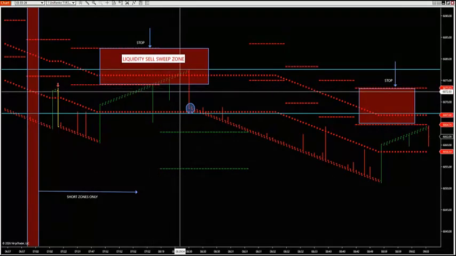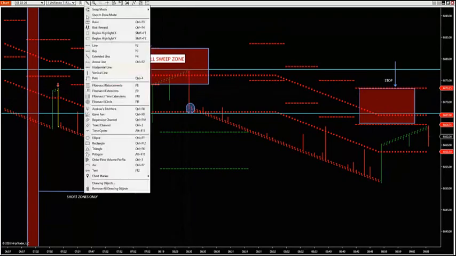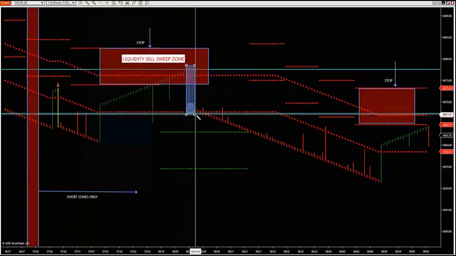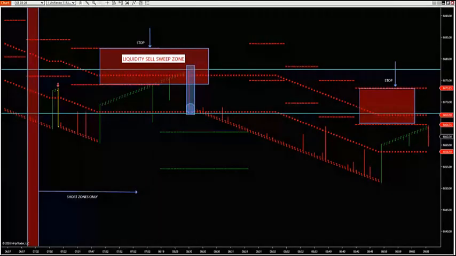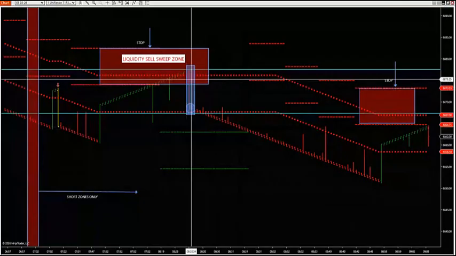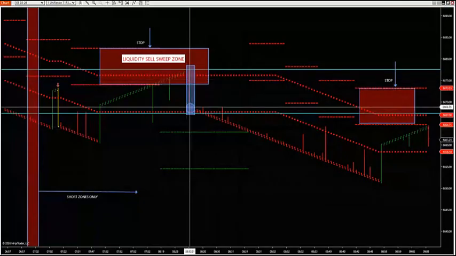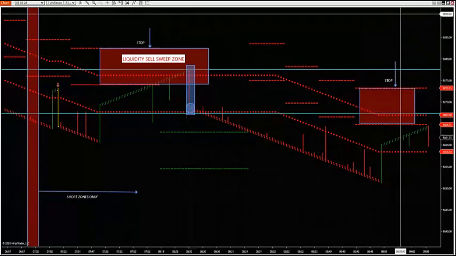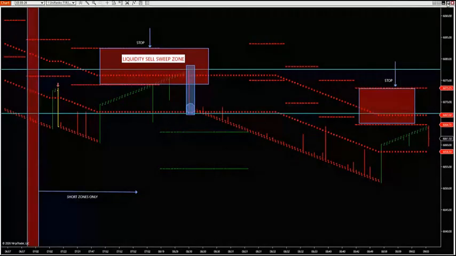This was what's called a pull-in bar, or a yellow trigger entry, right there. How can we use another entry technique to get an earlier entry, and where do we place our stop? Let's take a look. Watch this.